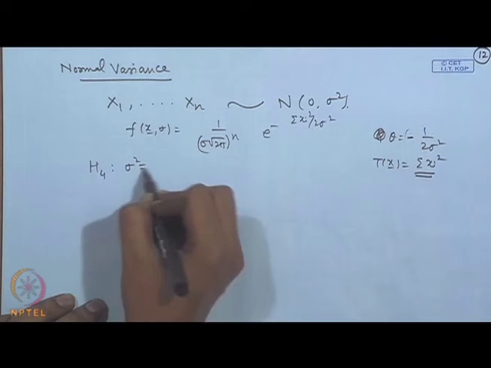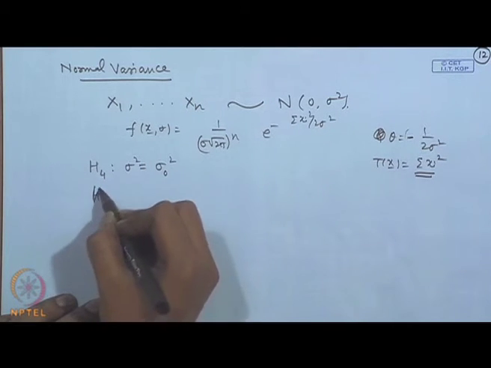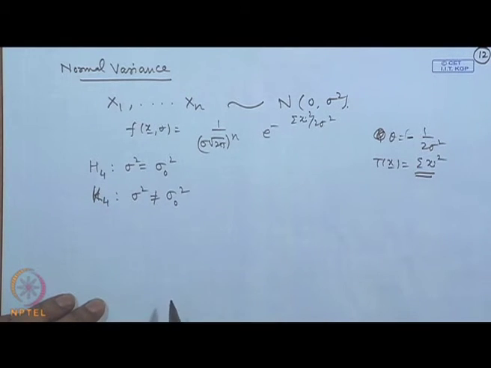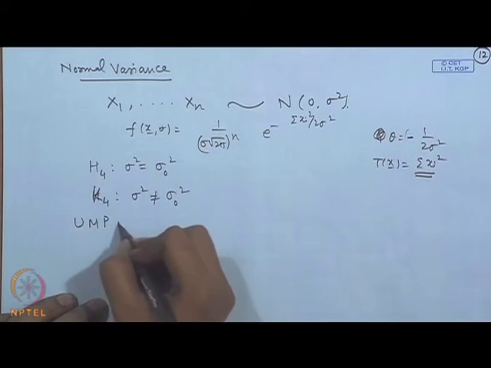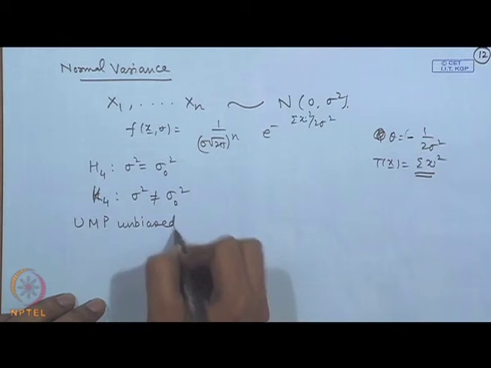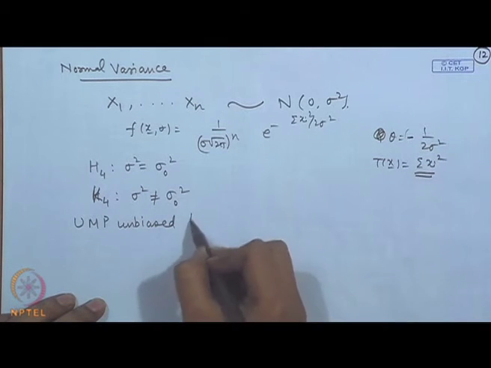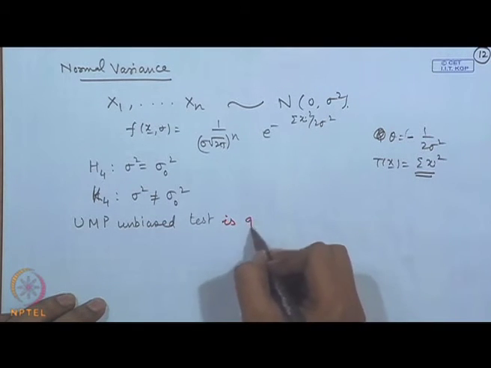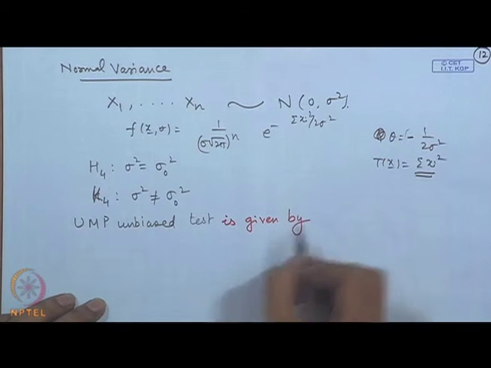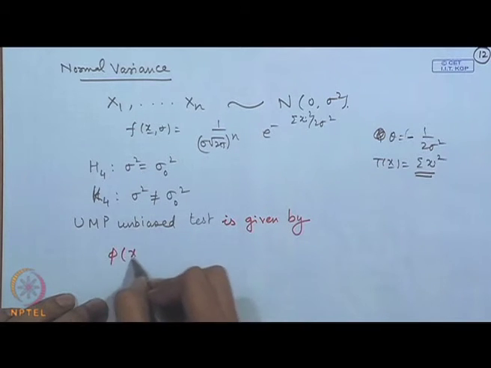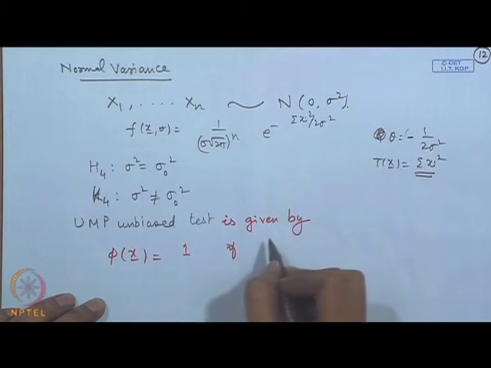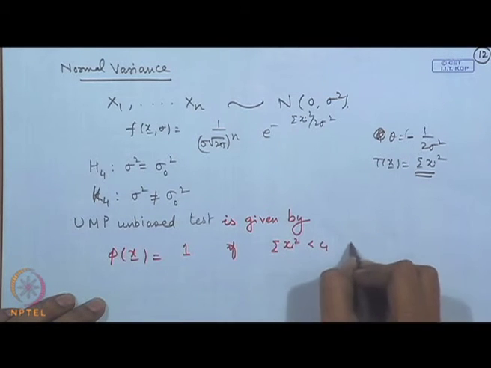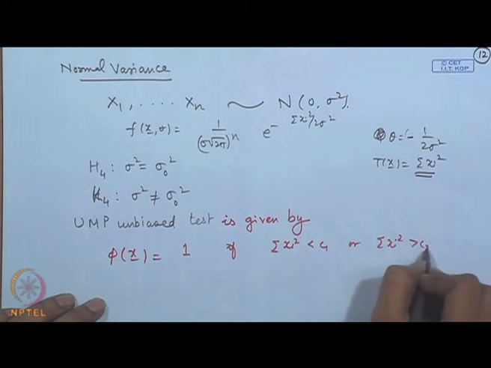So, if I consider the testing problem, sigma square is equal to sigma naught square against sigma square is not equal to sigma naught square, then the UMP unbiased test is given by phi x is equal to 1 if sigma x I square is less than C1 or sigma x I square is greater than C2.